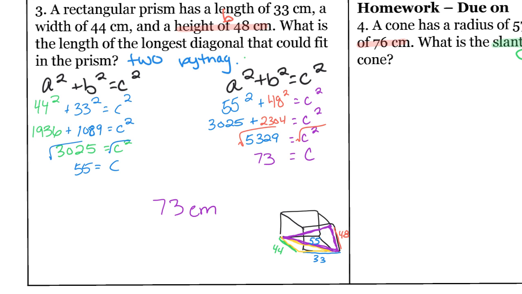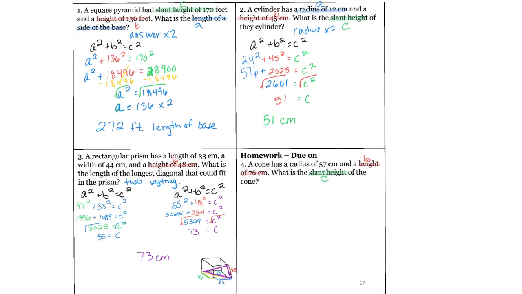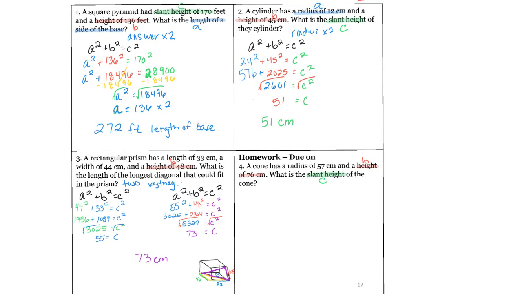Because we then would be comparing 55 versus 73. 73 is much larger, okay? So hopefully you did 2 of these, and whichever one you didn't do, copy the work down, okay? And number 4, the cone is your homework, and I think that one's the most straightforward, okay? May help to draw a cone. All right, good luck.